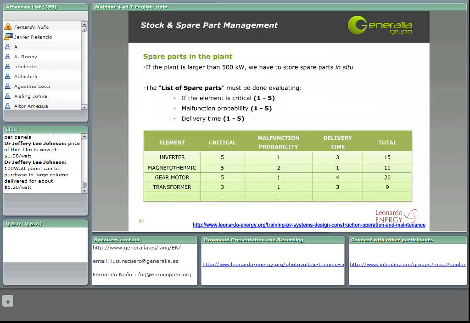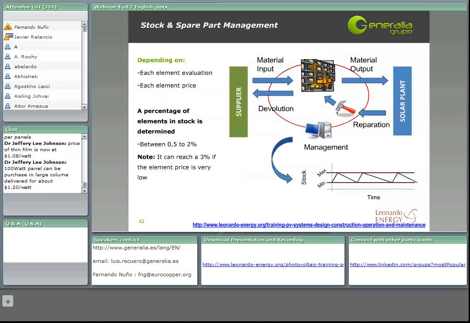Here, in this last slide, we can see that normally we should have from 0.5% to a 2% of spare parts for each element or device in our solar plant. The real quantity may depend on its evaluation, the evaluation that we have seen in the previous slide, and it will depend, as we said when talking about the protections, on the price of each device.